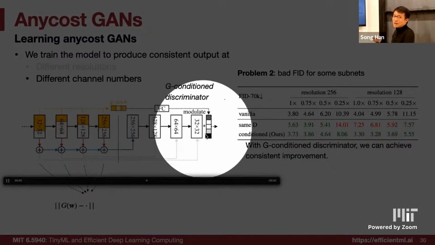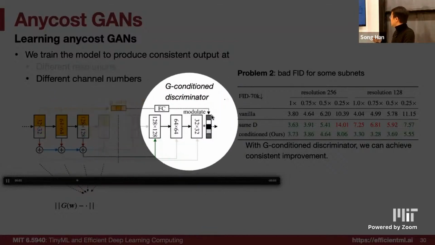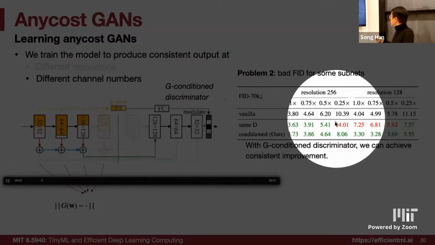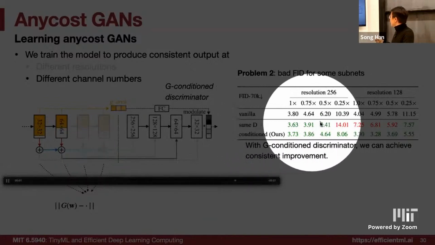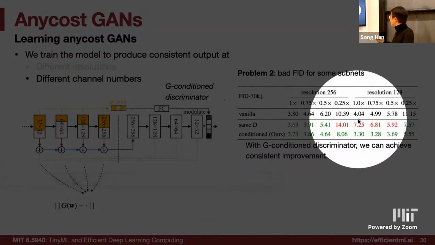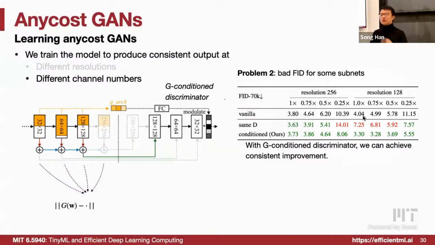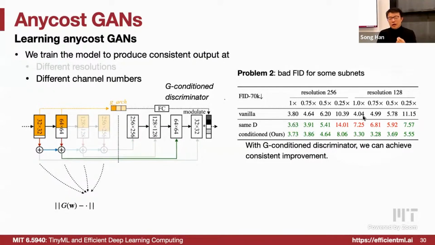Such that the discriminator is aware of the size of the generator. The previous problem with the same discriminator can now be solved, and it is even better than the vanilla approach. The FID reduced from 7 to 3, so the generator-conditioned discriminator is actually pretty helpful.